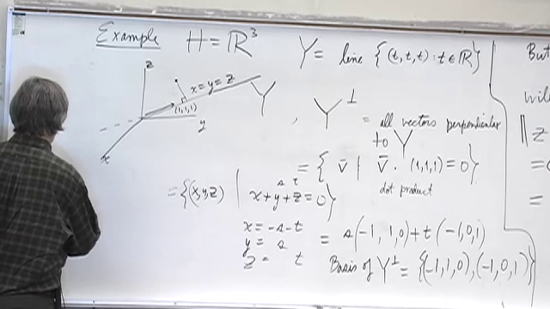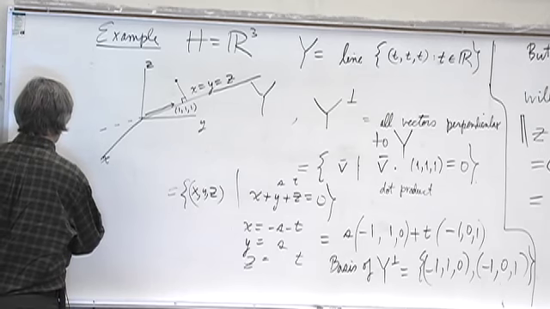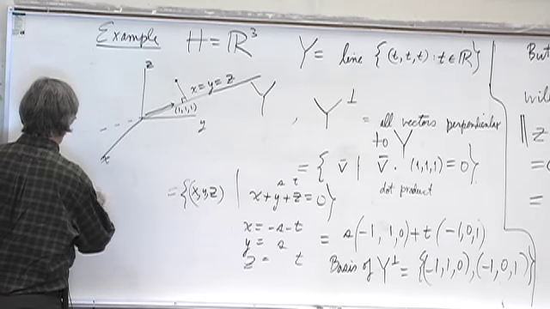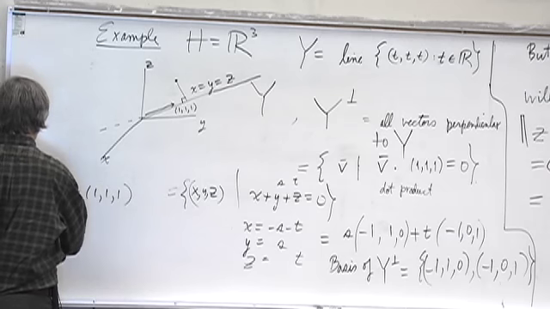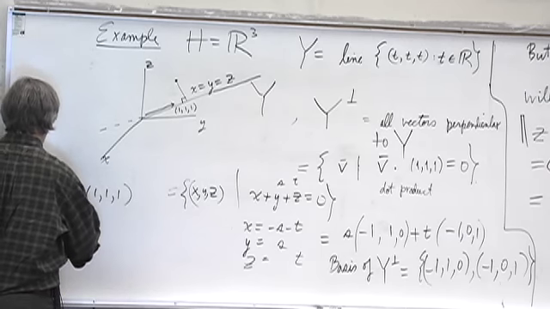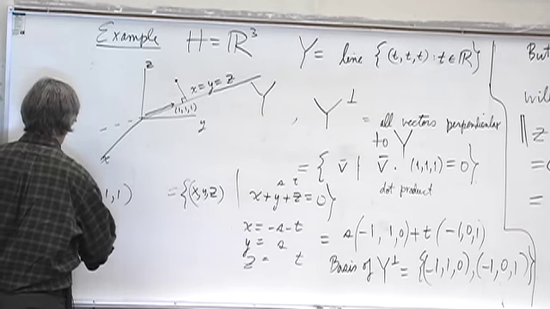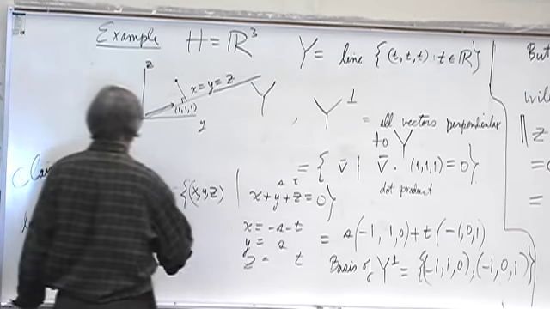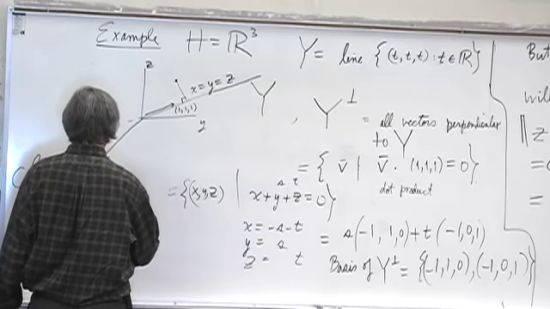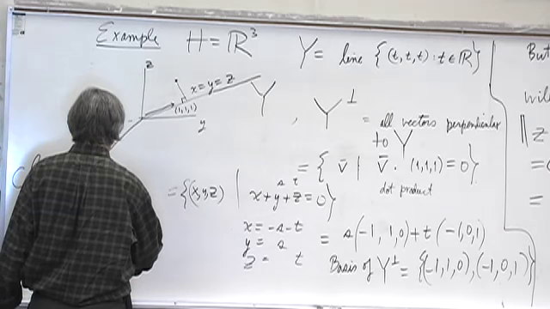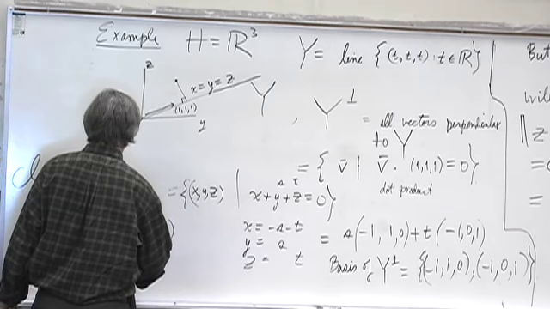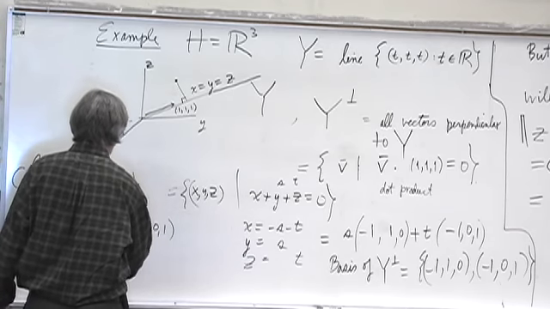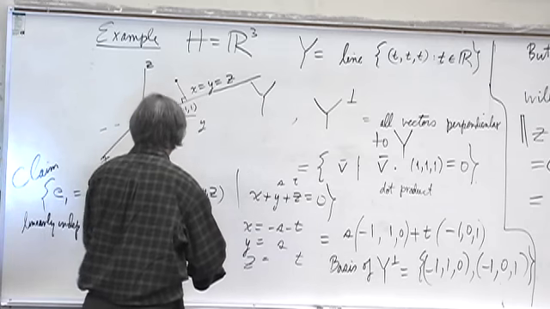If I have E1 equals (1, 1, 1), I claim it is linearly independent of the set E2 equals (minus 1, 0, 1) and E3 equals (minus 1, 1, 0).